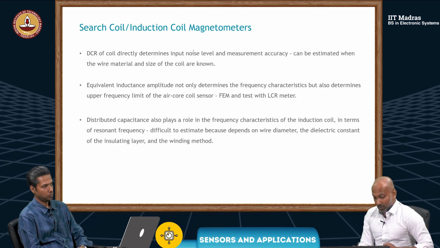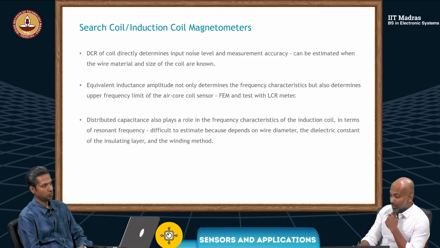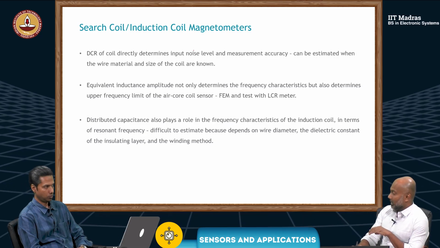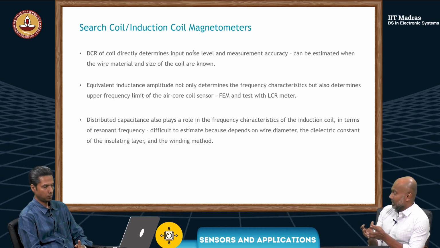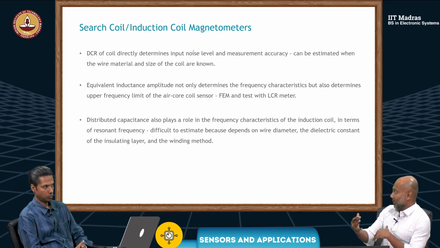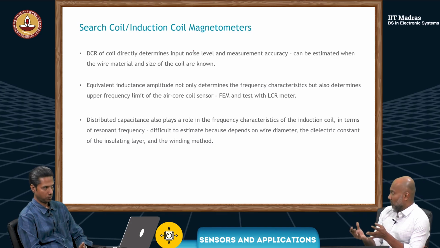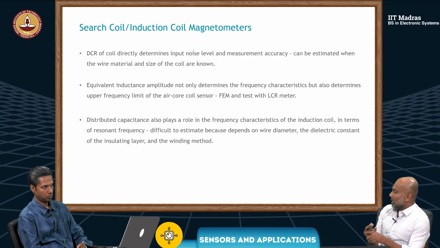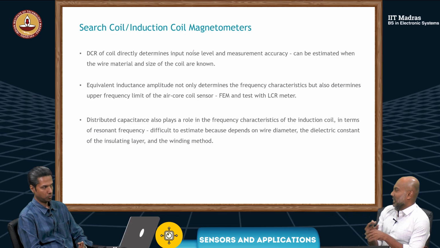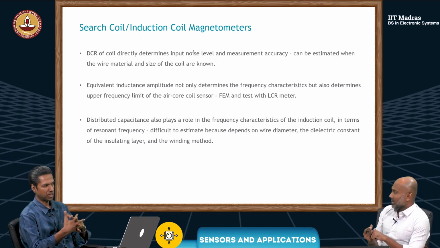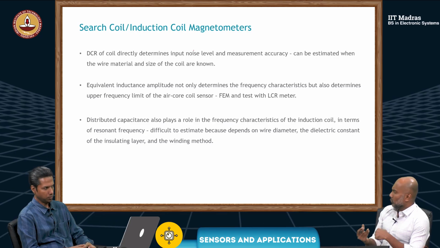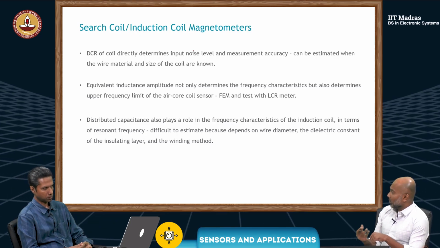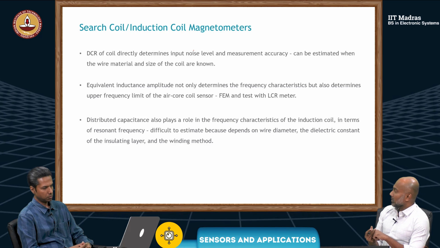Another thing we discussed was the equivalent inductance, and that determines not only the frequency characteristics, but also the upper frequency limit of the coil sensor. How can we get this? We could use an LCR meter, or do some modeling or finite element analysis.